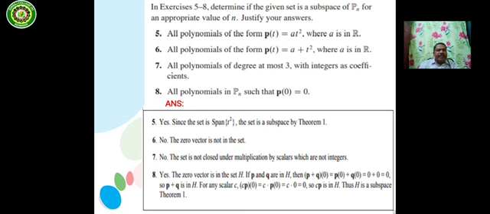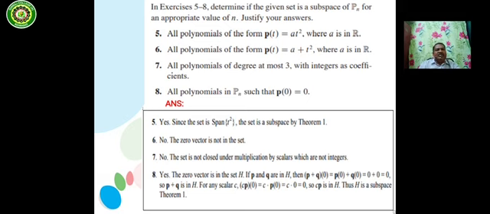So now we verify whether this set satisfies the subspace properties or not. Subspace properties are: 0 bar belongs to H, u plus v belongs to H, cu belongs to H. If these three properties are satisfied, then that set forms a subspace of vector space V. So now elements are of the form at square.